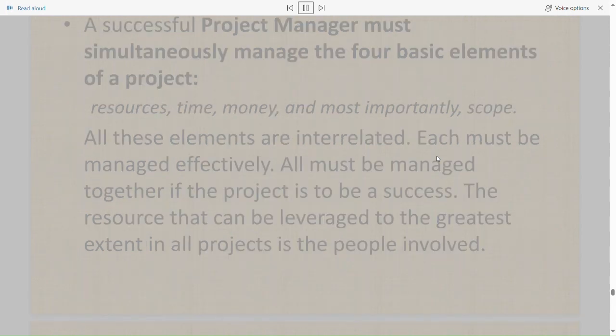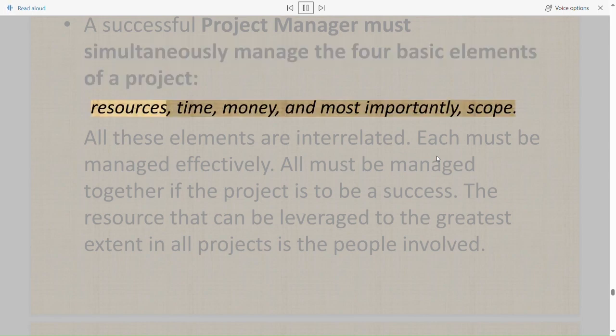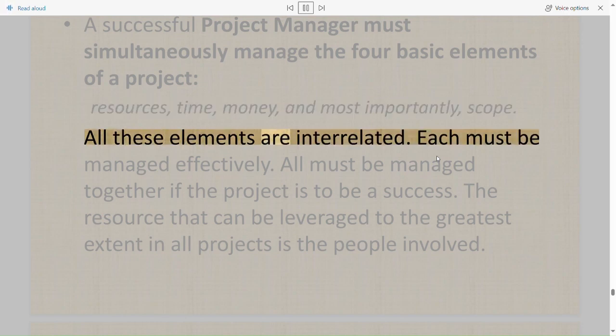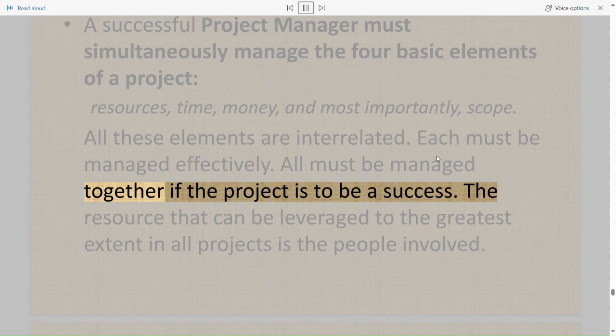A successful project manager must simultaneously manage the four basic elements of a project: resources, time, money, and most importantly, scope. All these elements are interrelated. Each must be managed effectively. All must be managed together if the project is to be a success.